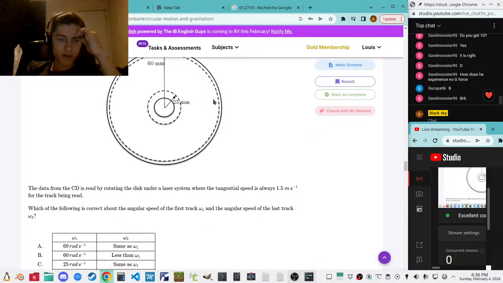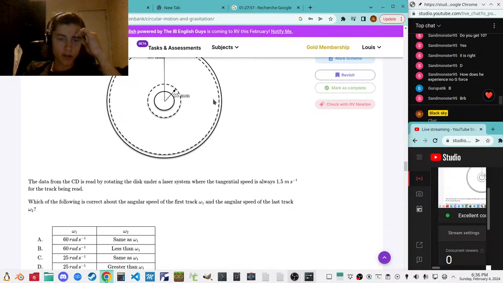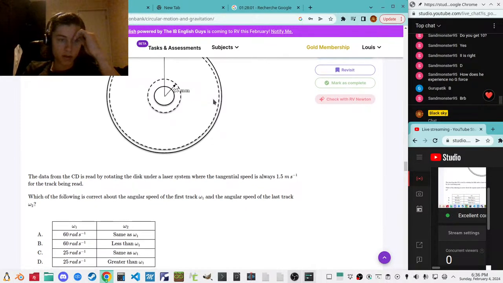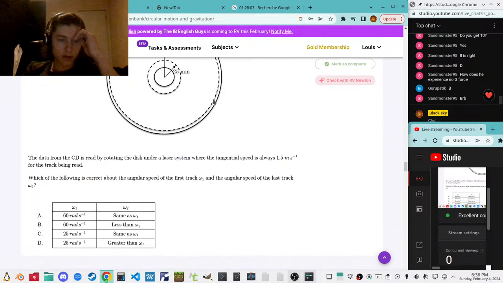The data from the CD is read by rotating the disk under the laser system where the tangential speed is always 1.5 m/s for the data track being read. Which of the following is correct about the angular speed of the first track ω1 and the angular speed of the last track ω2?